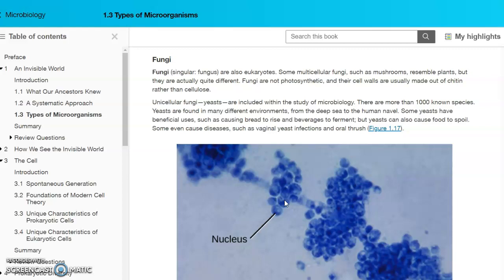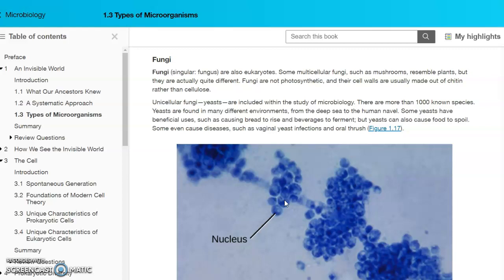And just to give you an idea what that is, chitin is also a material that we find in the exoskeletons of insects. So when you step on that insect and you hear that crunch, that's chitin, and that's what we find in the cell walls of fungi.